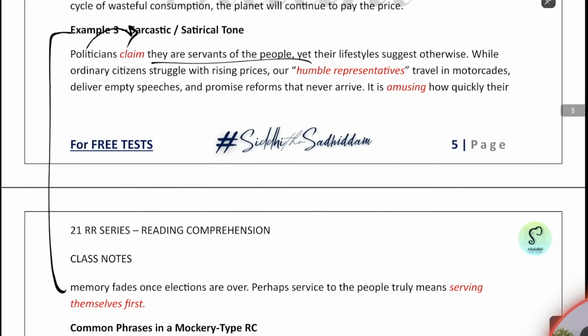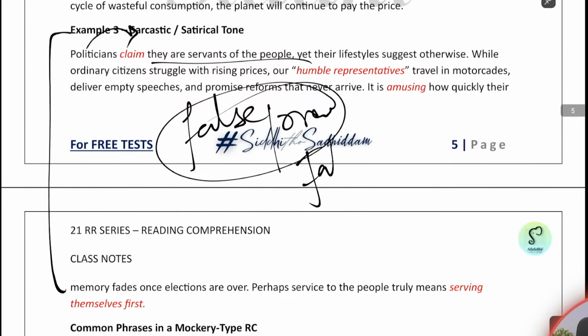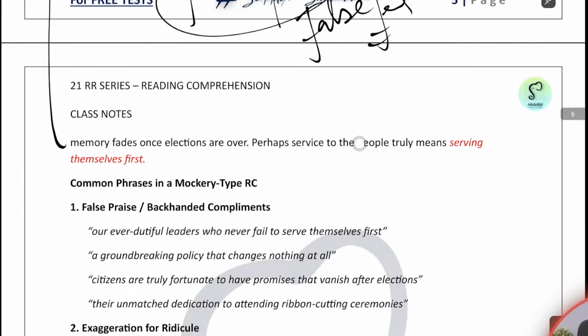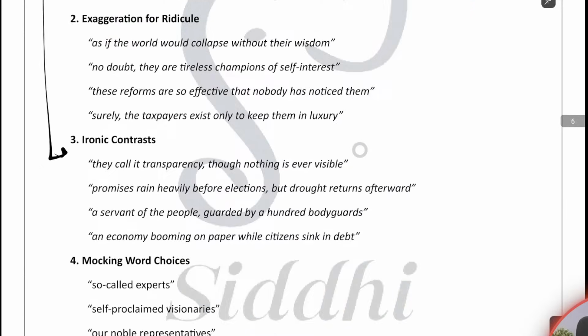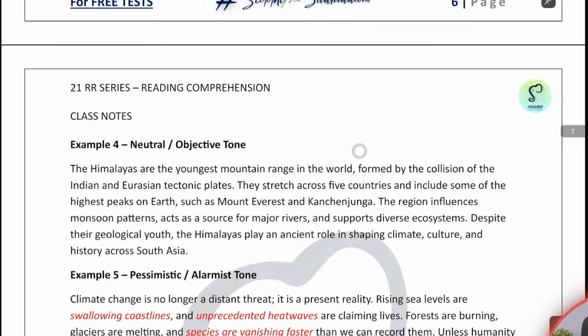So you are mocking the politicians. You are doing false praise. There is false flattery involved, that is the sarcastic tone, and I'm sure every one of you can understand the sarcastic tone. These are certain common phrases that are included in the sarcastic tone RC. Please go through it, you can understand clearly.